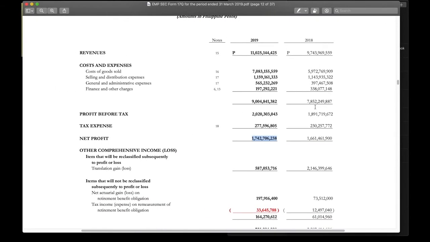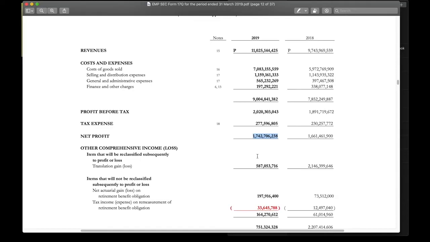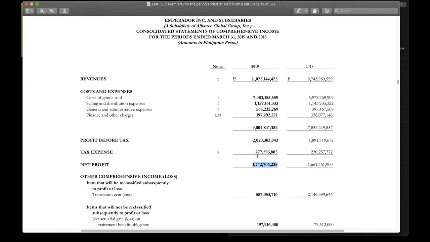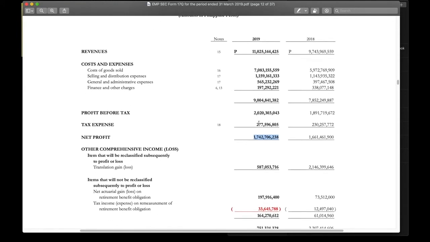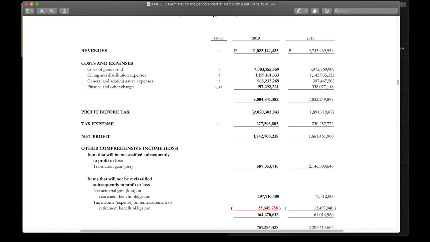Let's check here what the gross profit of Emperador Corporation is. So, gross profit here is equivalent to profit before tax. Guys, take note, I'll repeat, gross profit is equivalent to profit before tax.